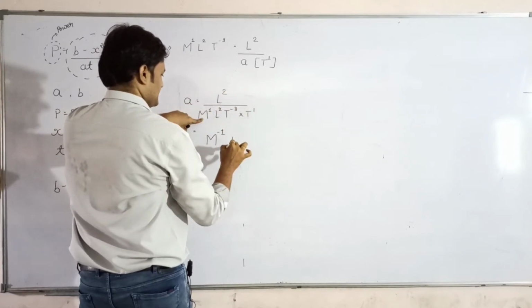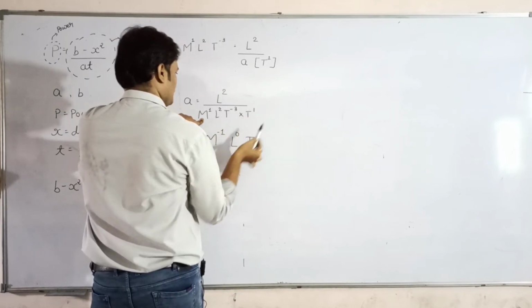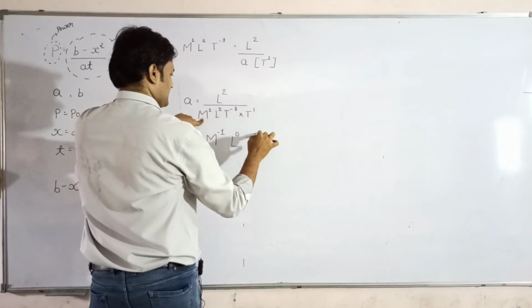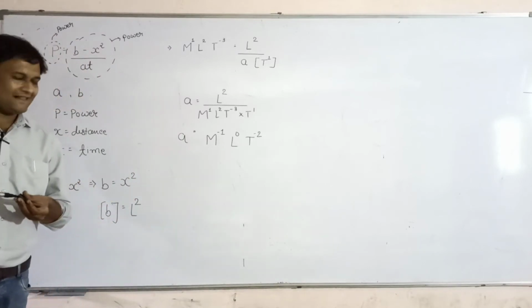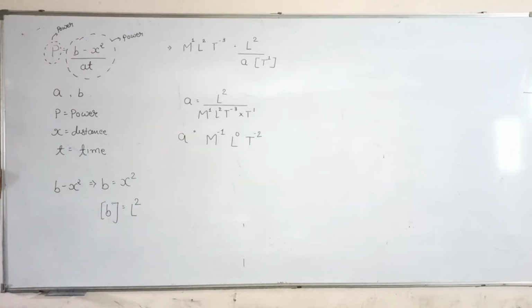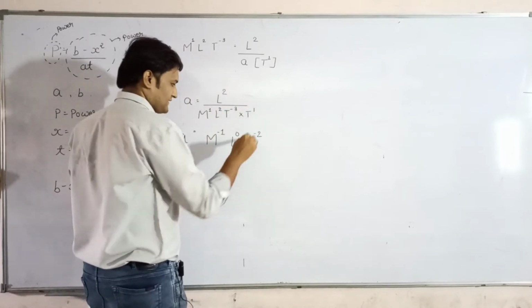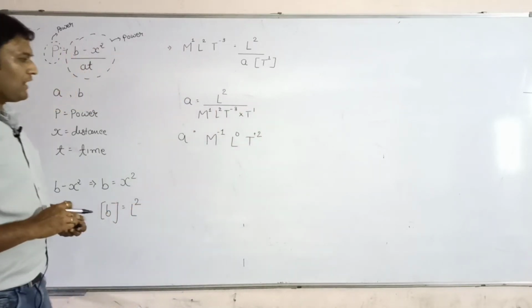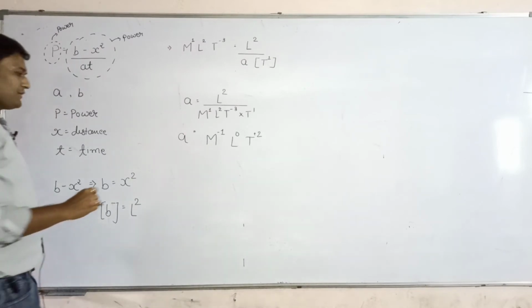L2 cancels, that is L0, and here T minus 3 plus 1 is minus 2, coming to the numerator it is plus 2. So A is equal to M minus 1 L0 T plus 2. Here is some mistake, that is T2. Yes, T minus 2 coming to the numerator is plus. So A is equal to M minus 1 L0 T plus 2. Now example number 1.15.